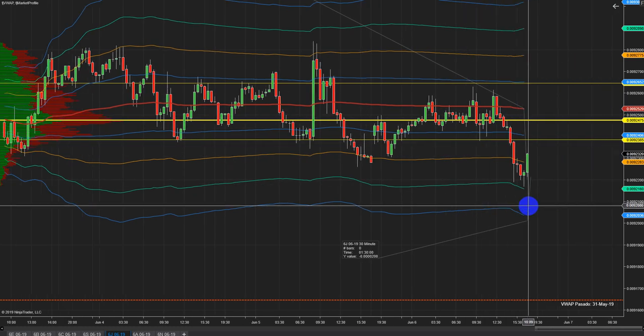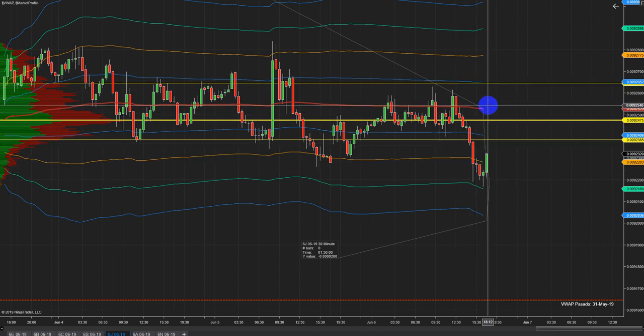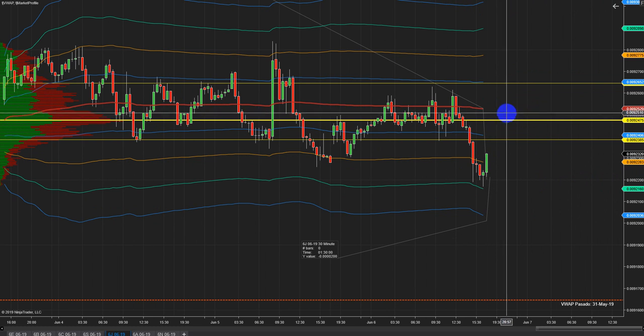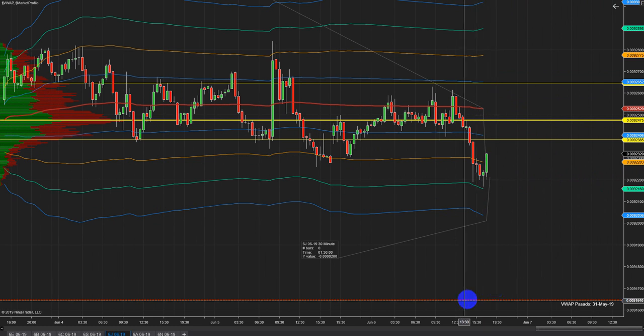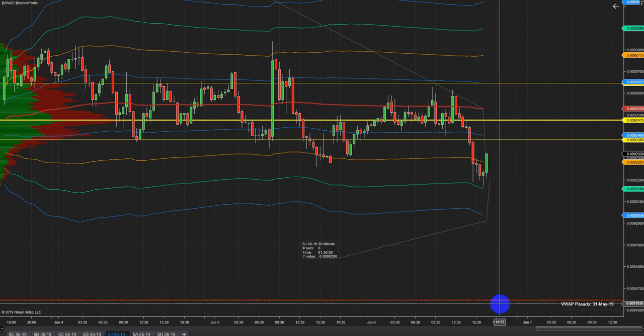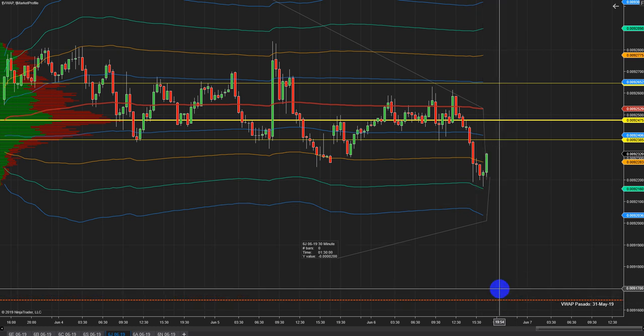The no-goes that we have for this operation: the profile was perfect. Wasn't the POC supposed to be a little bit upper? The VWAP of last week, not 3 weeks ago, from last week, was under. So that was a thing that it could go bad.